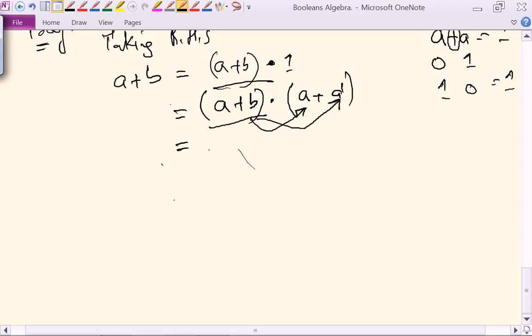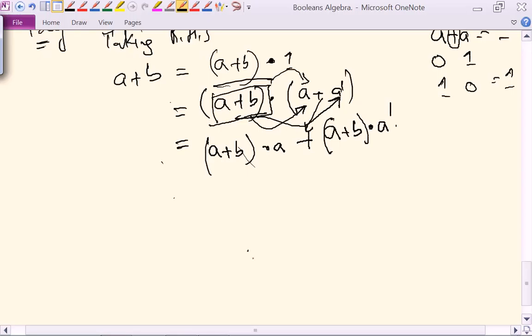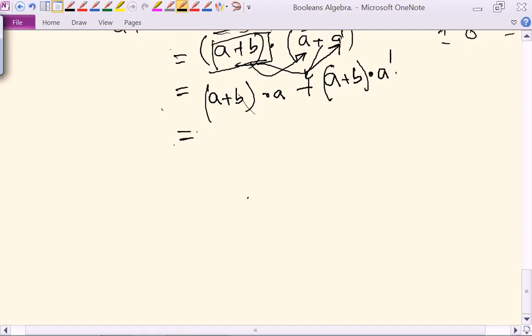So this will be equal to A or B and A, plus, by distributive law, again A or B into this A complement. Getting me? Very simple. I have multiplied A or B with the first A, then with the A complement, and the OR remains in between. Good. So far good, I think.